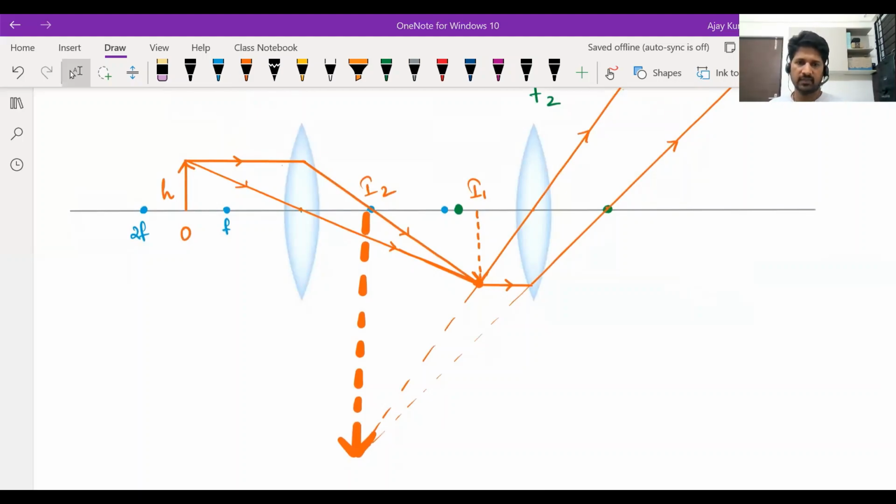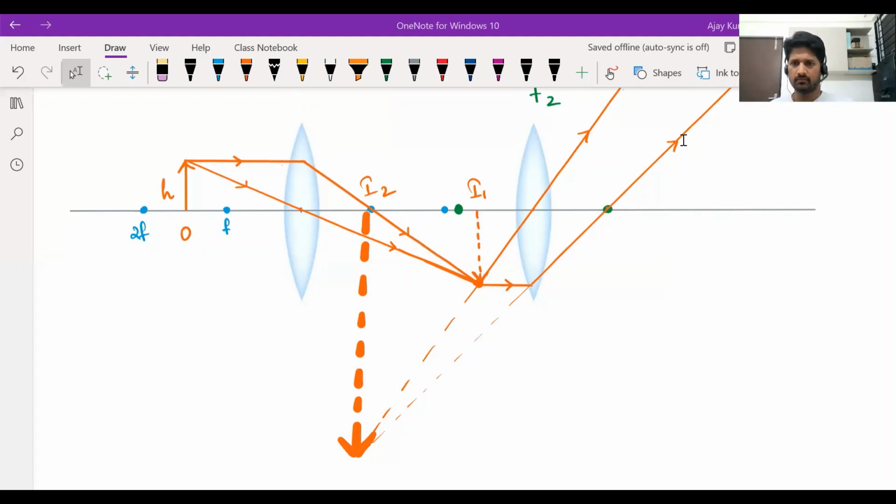Okay, Rishi, just think about this once again. Ask if you have any doubts. Is it clear what the compound microscope is doing? Yes, sir.